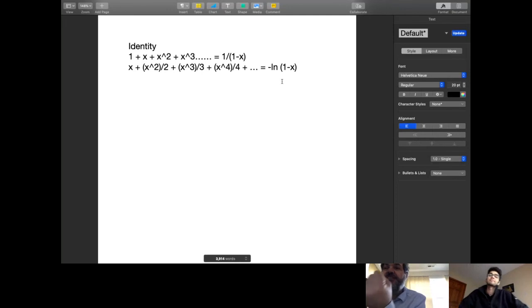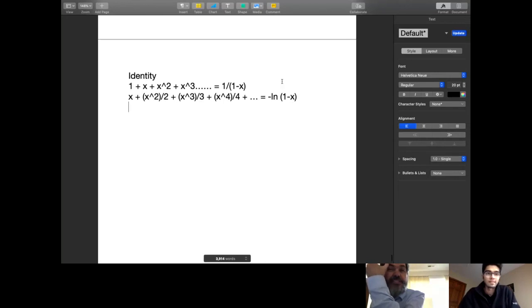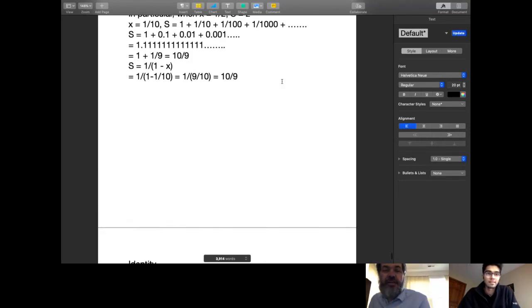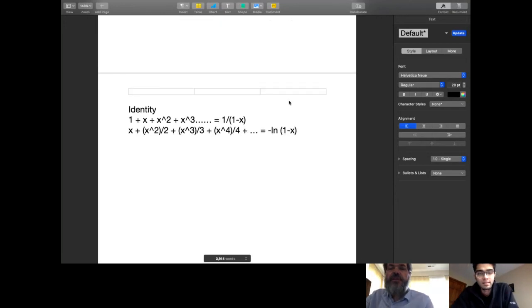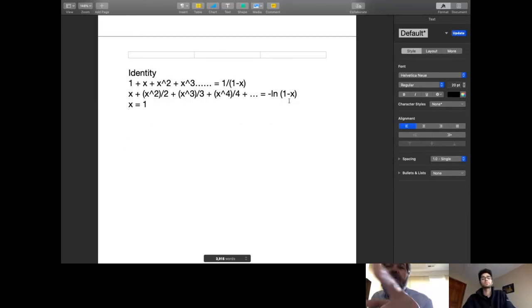The right side gives us the exact evaluation of that. For instance, let's take x to be 1. 1 is fine.